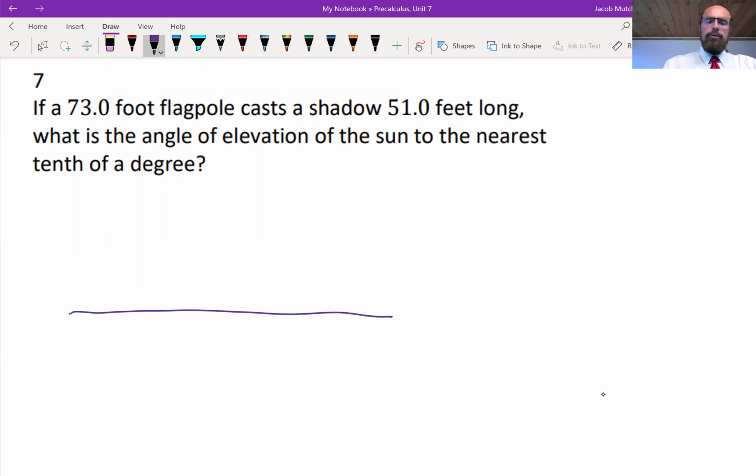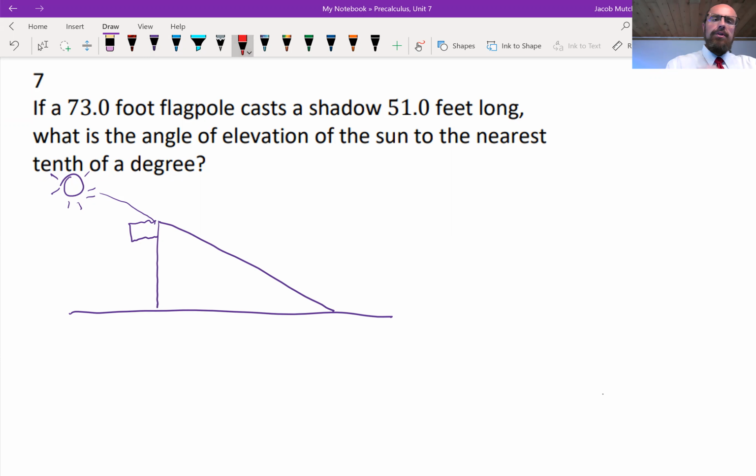So like in the previous one, I'll set the ground first and a flagpole waving in the breeze. And what we're imagining is, in fact, let's have it wave the other direction so it doesn't mess up our shadow. We're imagining that the sun is there in the sky and that it's casting a shadow from the flagpole onto the ground.